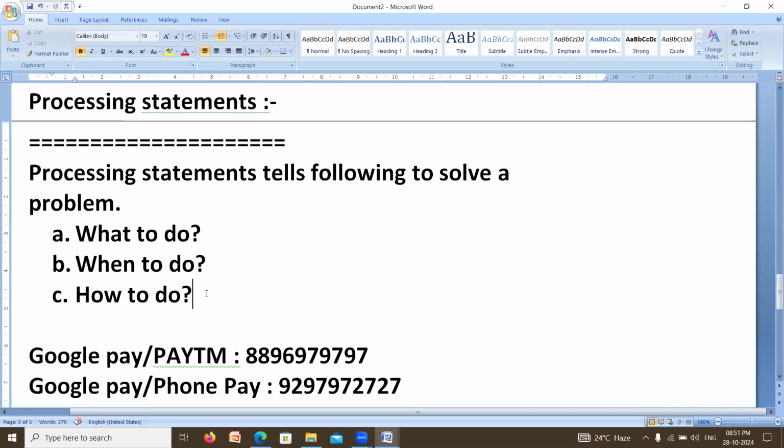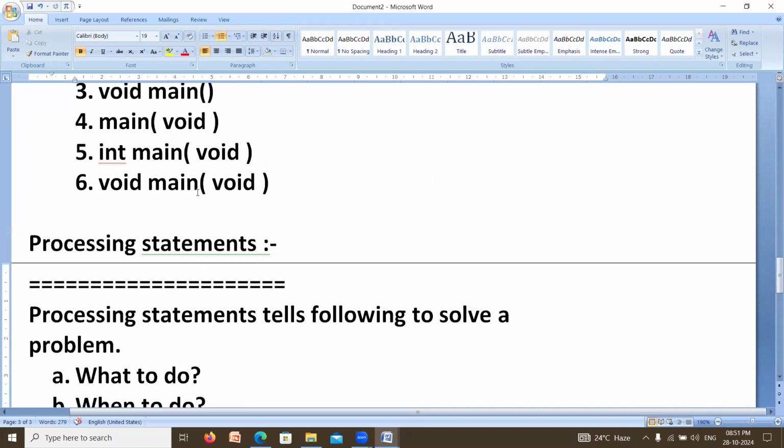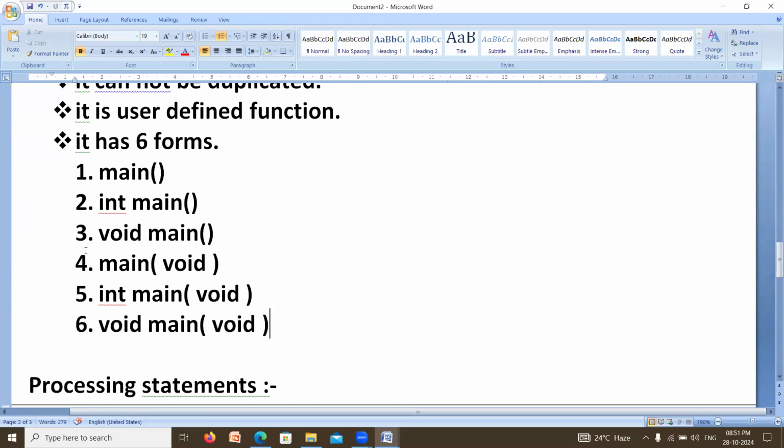Sir, there is a difference between main, void main, and int main. Actually, my dear friends, to understand all these things, you have to complete the concept of functions. Actually, it is a function. Whatever you want to pass into this function, you have to write here. It is called arguments. After completing the function, we will get our answer.